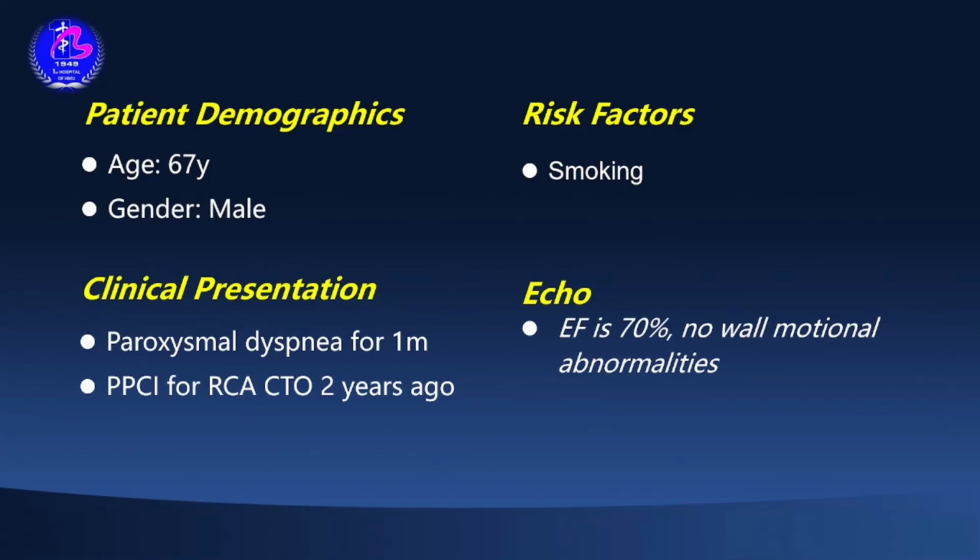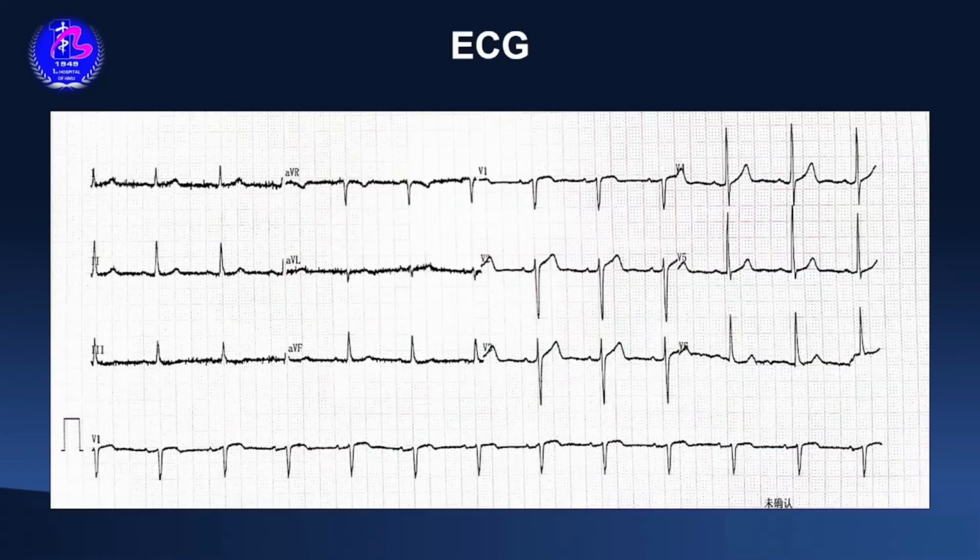The main risk factor of his disease is smoking. His echocardiogram showed an ejection fraction of 17% with no wall motion abnormalities. The electrocardiogram showed sinus rhythm and no T wave inversion or ST segment depression.